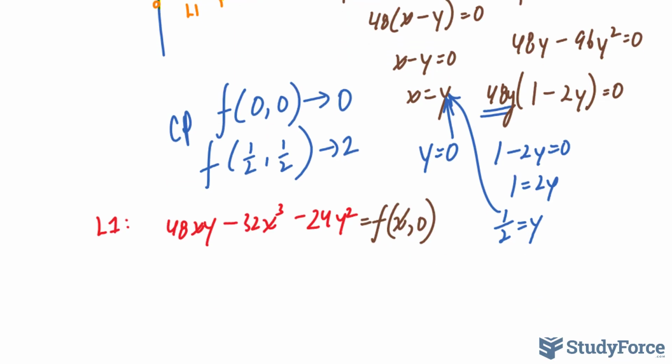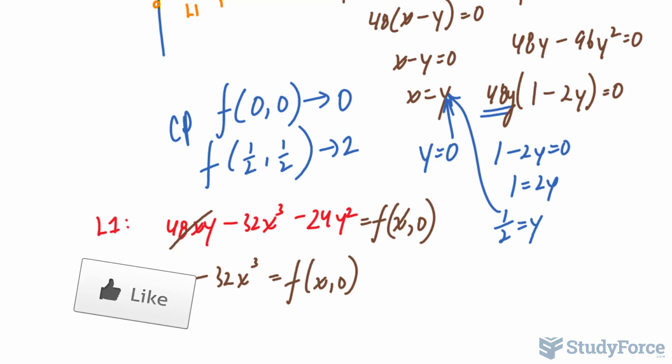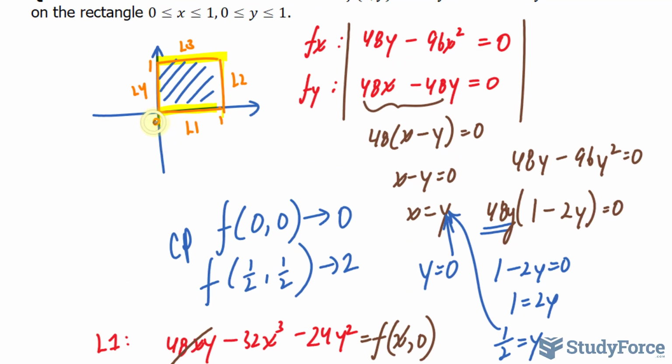So let's substitute those in. This becomes 0, that becomes negative 32x cubed, and that also becomes 0. Next, we'll evaluate this equation when x is equal to 0 and x is equal to 1, because notice that our bounds are between 0 and 1.